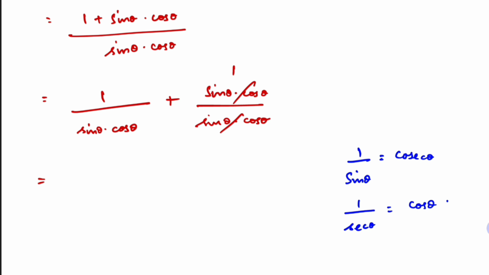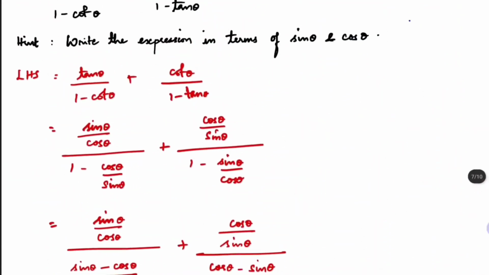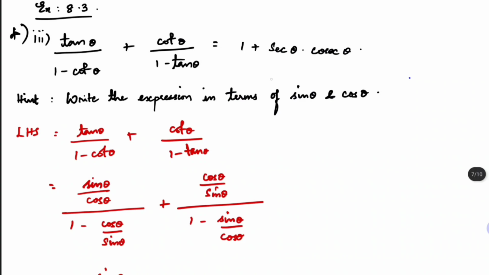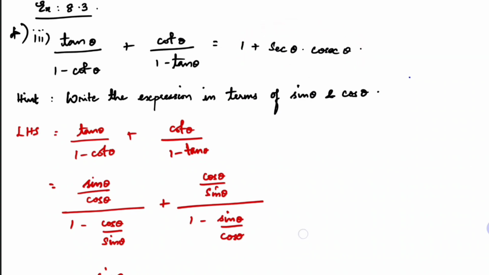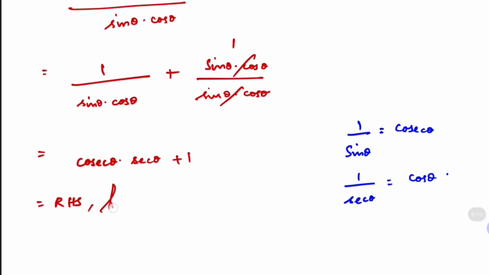By substituting that in our answer, we get cosecant theta, secant theta plus 1, which is our RHS, 1 plus secant theta cosecant theta. So hence proved. Thank you. Happy learning.